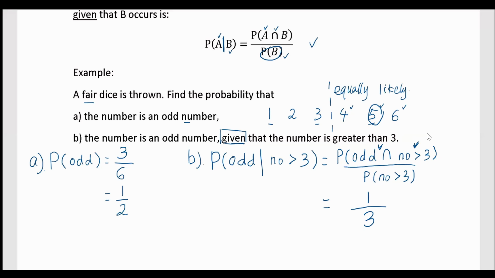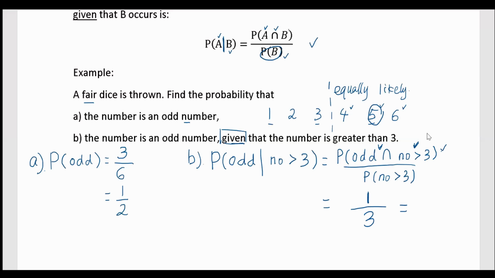Now, you see, the formula is saying that the probability is 1 divided by 3. Let me put it in this way.